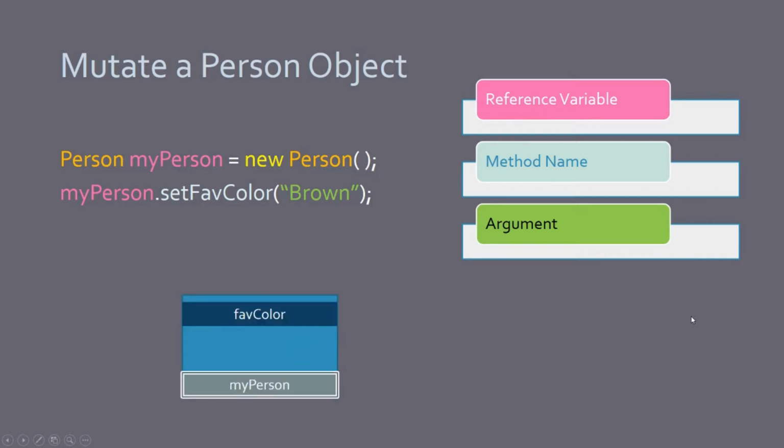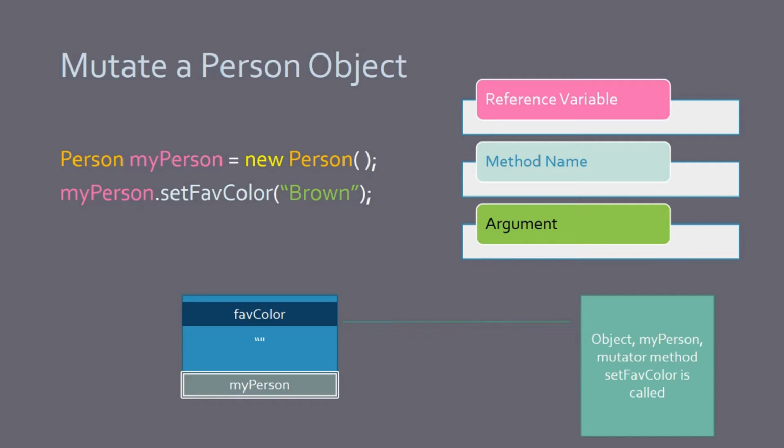Now, our first line of code created our myPerson memory space and our favorite color variable inside our person. And remember, it left it blank or null. The next line of code then is going to execute the setFavColor method in our class, passing a parameter value of brown, and we're going to use that in our class to update that favorite color value.